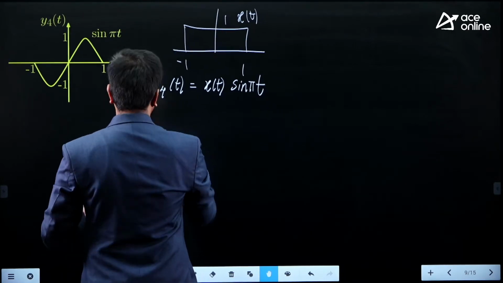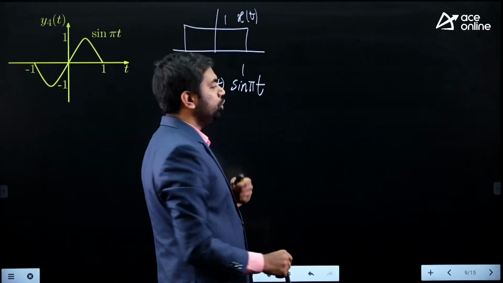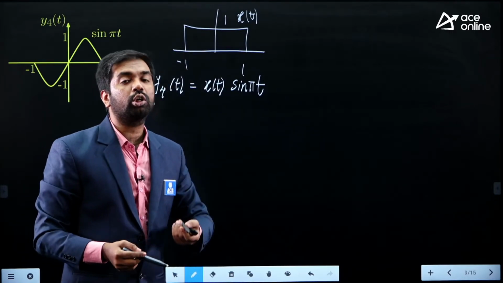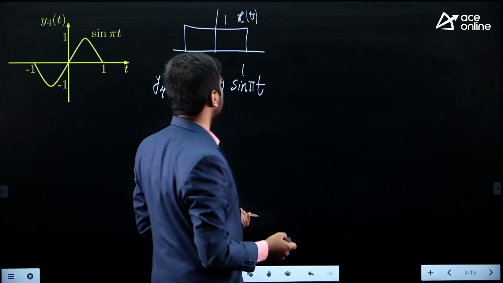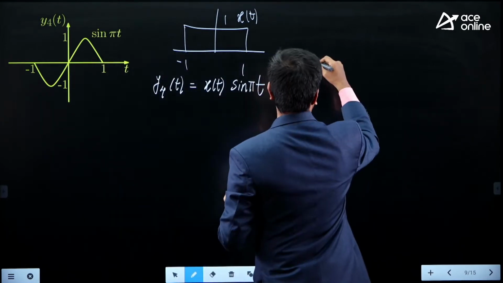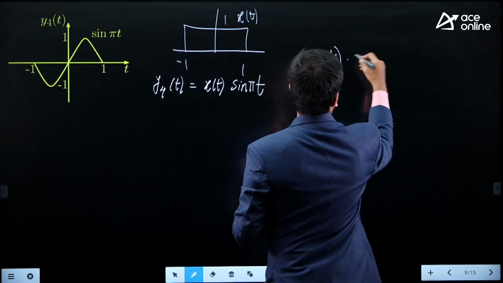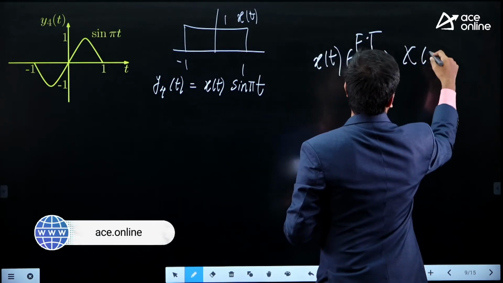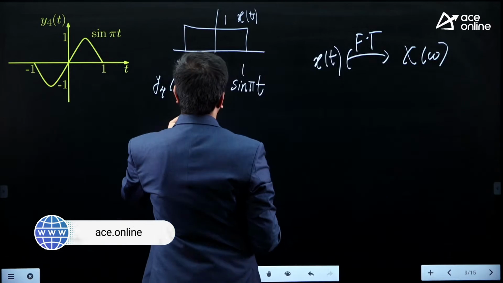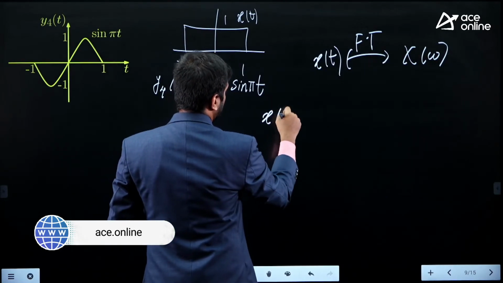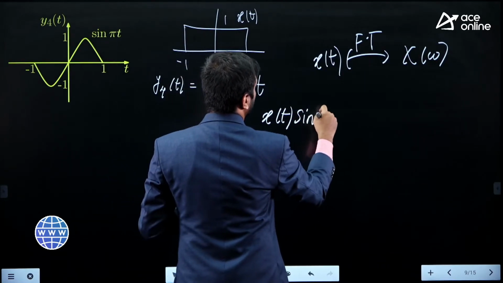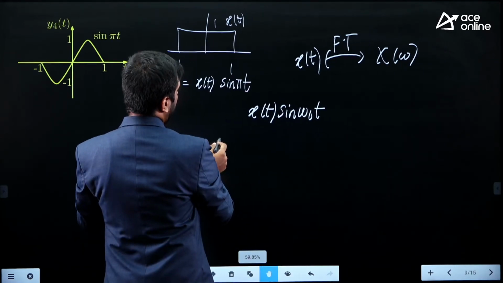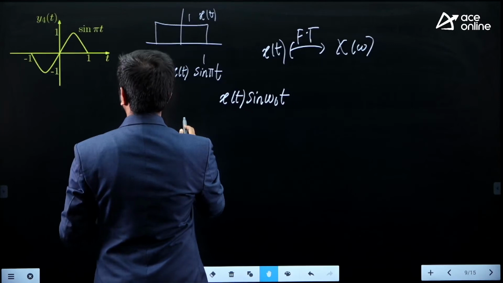Let's see what the property is. This is called the modulation property, which is one of the most important things for communication. Let's see what it is about. If x of t has Fourier transform X of omega, then what's the Fourier transform of x of t into sine omega naught t?